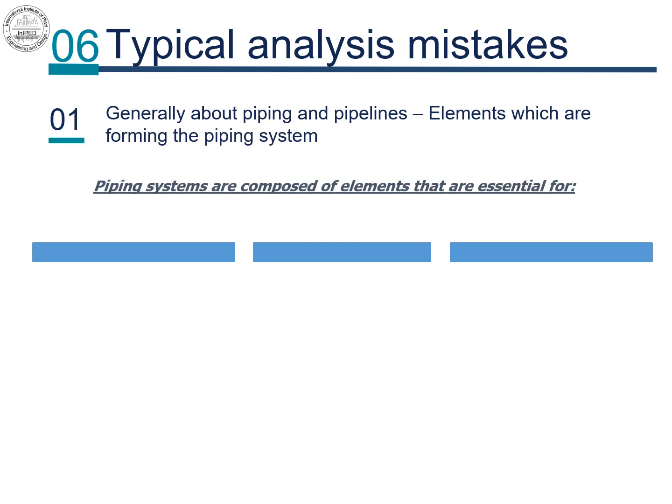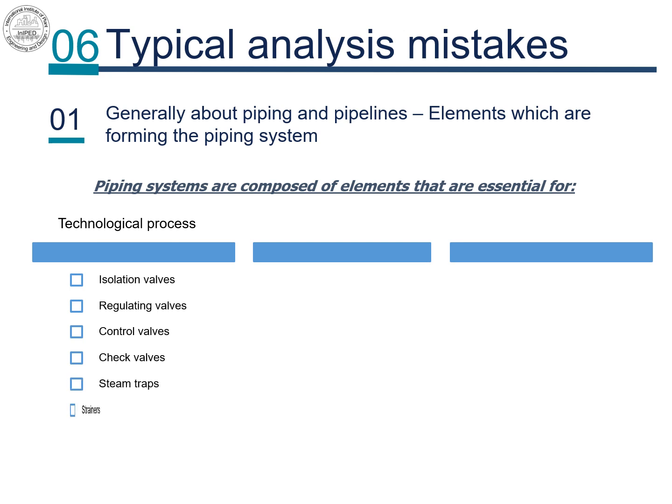Piping and pipeline systems are composed of elements that are essential for their technological process function. For example, isolation valves, regulating valves, control valves, check valves, steam traps, strainers, pressure safety valves, jacketed pipe, etc. Elements that are forming the structural core of the piping and pipeline system, which are not responsible for the technological function it performs.